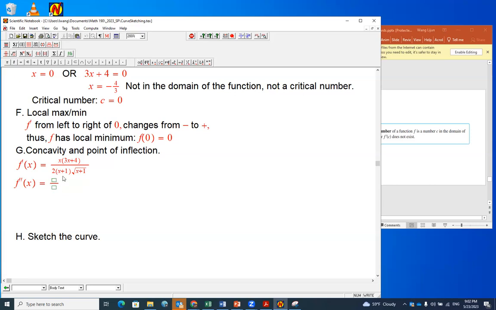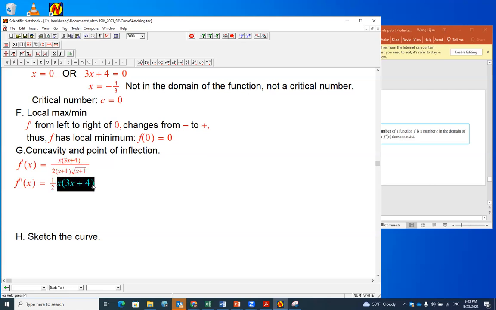So what I'd like to do is bring the 2 outside. Just keep the 2 outside in the denominator. Okay, 2 under 1, right? So I'm taking the derivative of this piece. Oops, sorry.